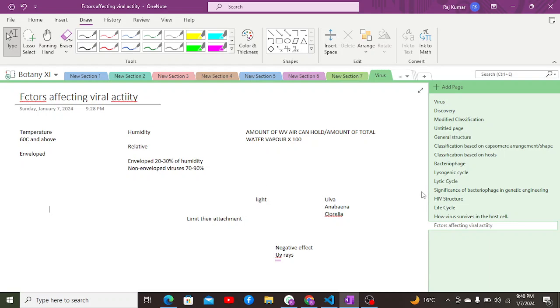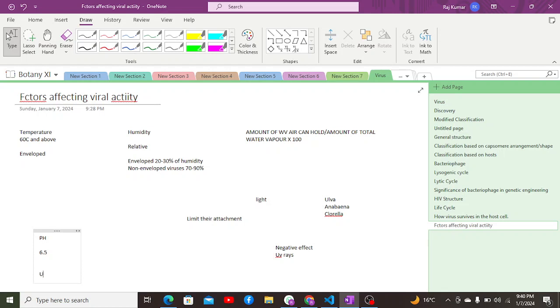Now, coming to our last factor, which I have to discuss over here, is pH. pH is a major factor. The optimum pH for virus is slightly acidic, 6.5.